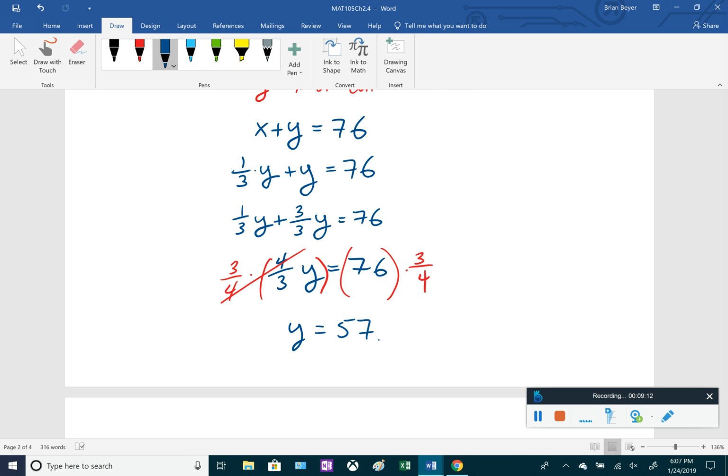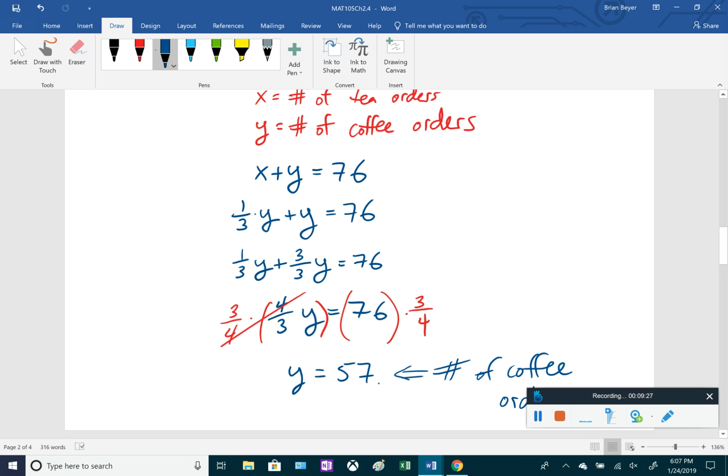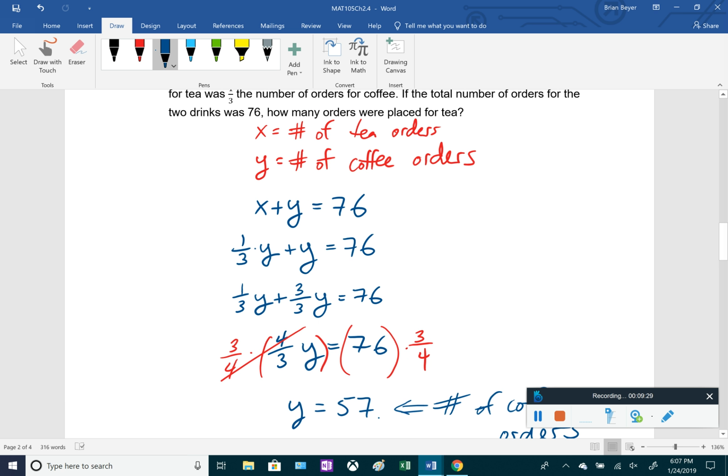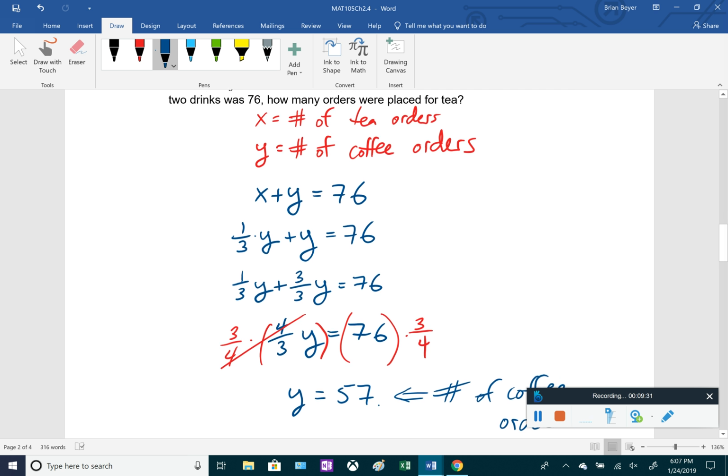So we have to be a little bit careful here. This is the orders of coffee. We're looking for the number of tea orders. So the number of tea orders is going to be 1/3 of that.